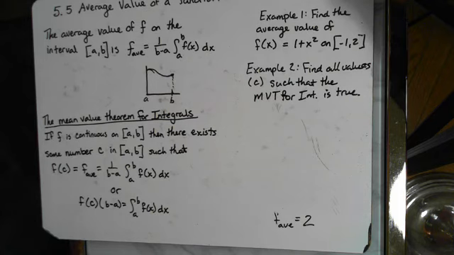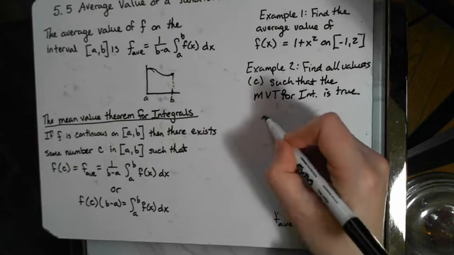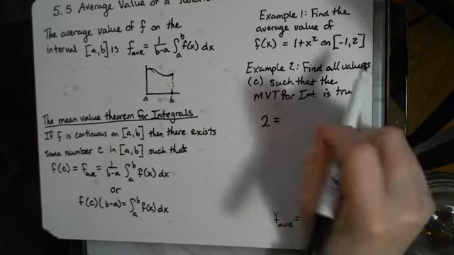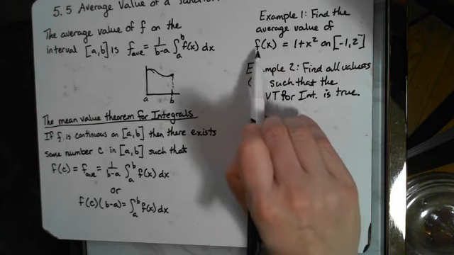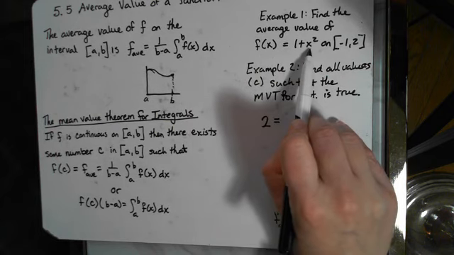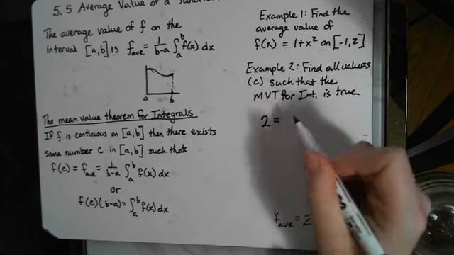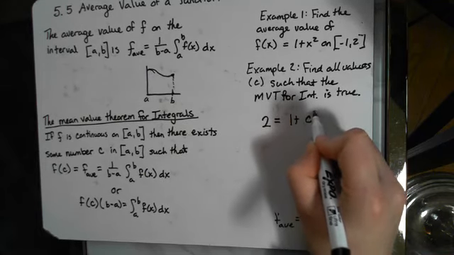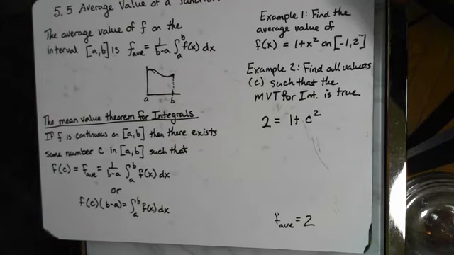All I'm going to do is say my average value, that's this part, is going to equal f of c. My average value was 2, and we found that in example 1. So I'm going to put 2 here, and it's going to equal f of c. When I do f of c, all it does is change all the variables here to be c's. So I have 1 plus c squared. Now I'm just going to solve to find out what c could be.